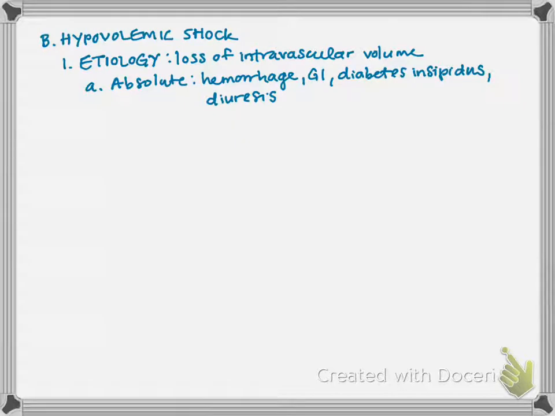We could also have relative loss of volume, where the fluid's still in the body, but it's just moving to the wrong spot, right? So if we have third spacing, you'll learn a lot about that on the next test for like liver failure. If we have third spacing from malnutrition, because what's that big protein in our vascular space?